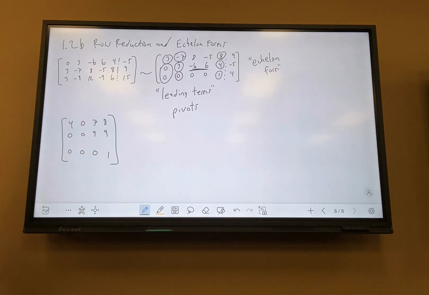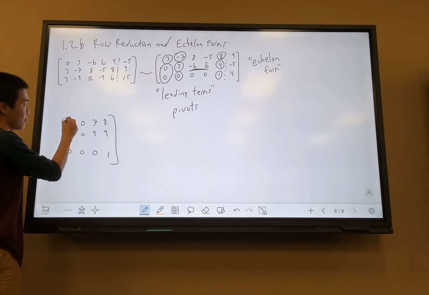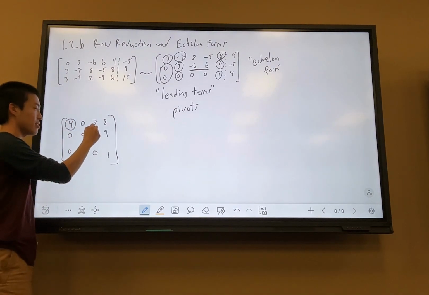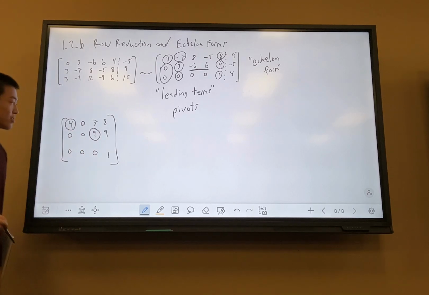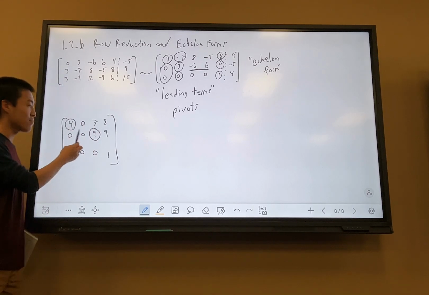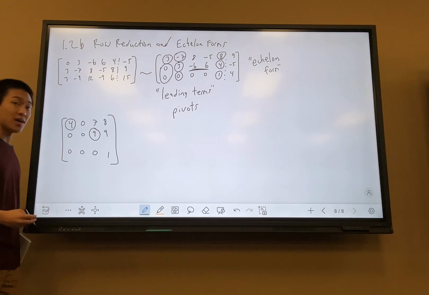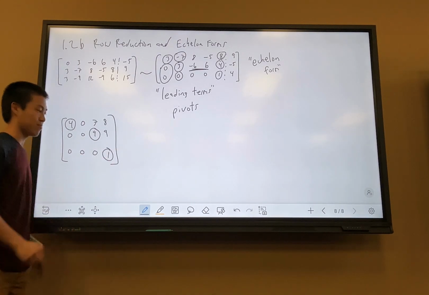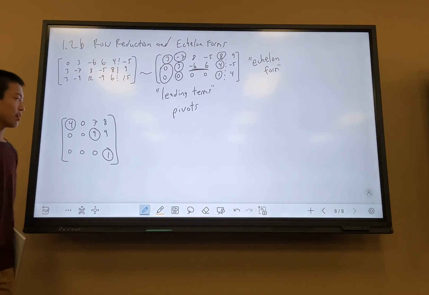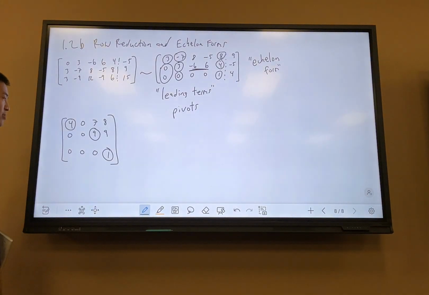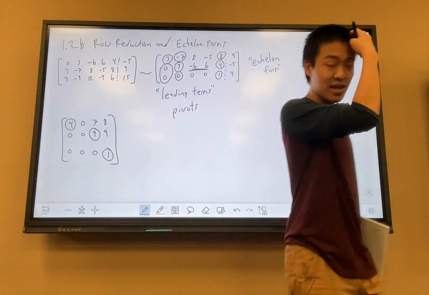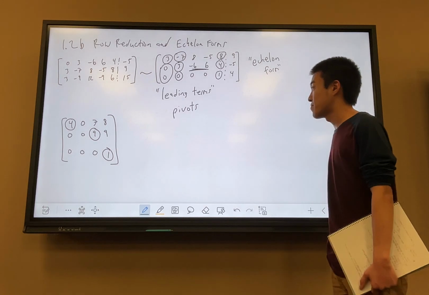Okay? If I had something like this, right here is a leading term. This right here is a leading term. Why? Because they are the leftmost non-zero entries in their respective rows, and then this would be the last one. So yes, think leftmost, non-zero. If you can keep those two things in your head, that's going to help out a lot.